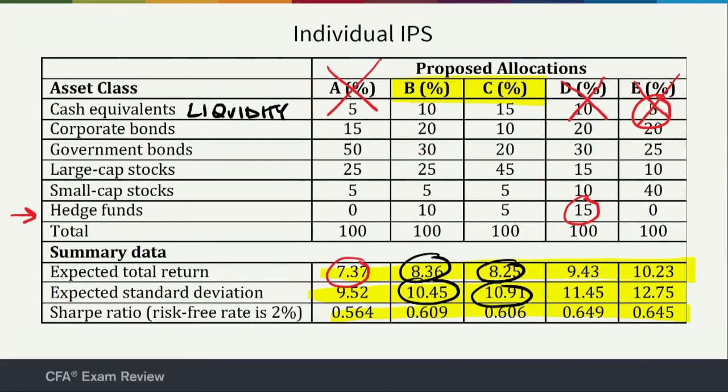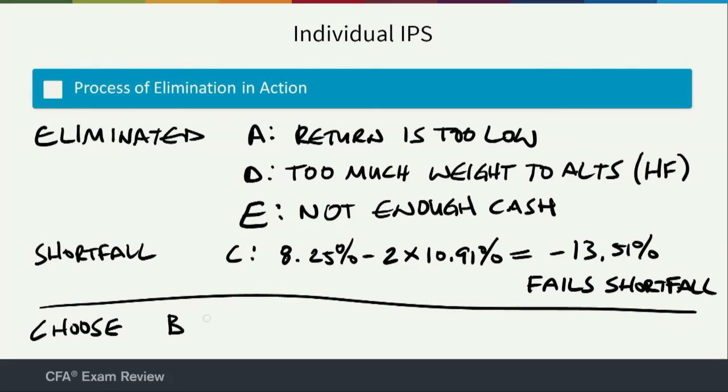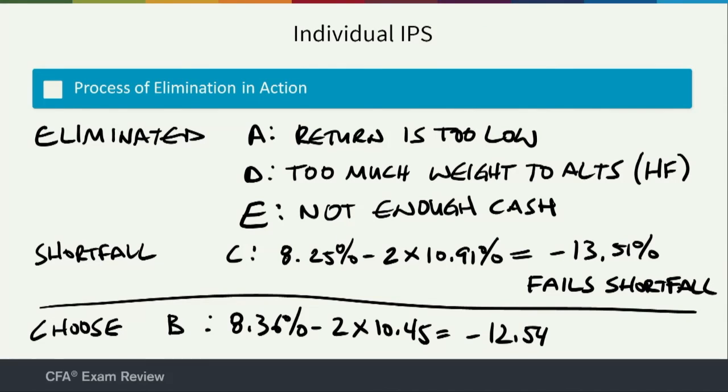So if I calculate it in terms of 2 standard deviations away from the mean, I've got 8.36 minus 2 times 10.54. It looks like it's going to be close. And this ends up being minus 12.54. So this portfolio here passes all of the process of elimination. So I'm going to choose portfolio B.